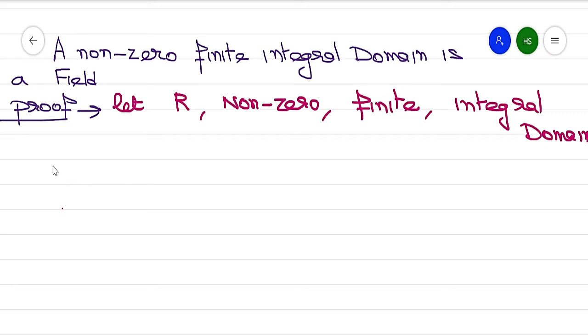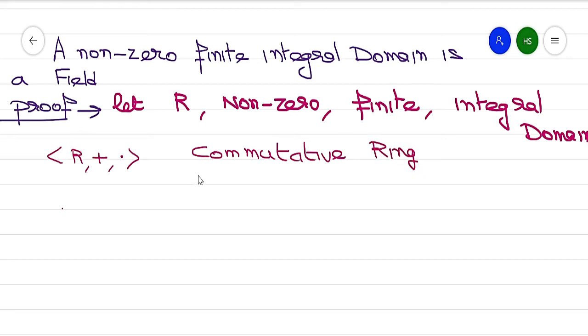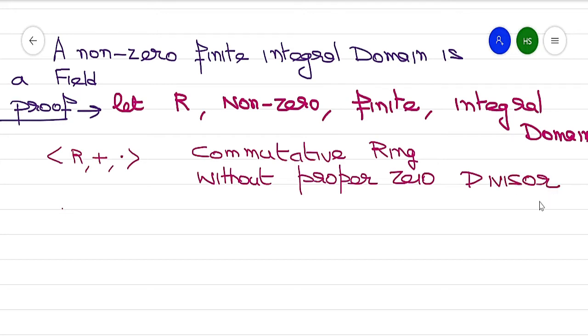Now if it is an integral domain, then this R with plus and multiplication is a commutative ring without proper zero divisor. So that is the given part.